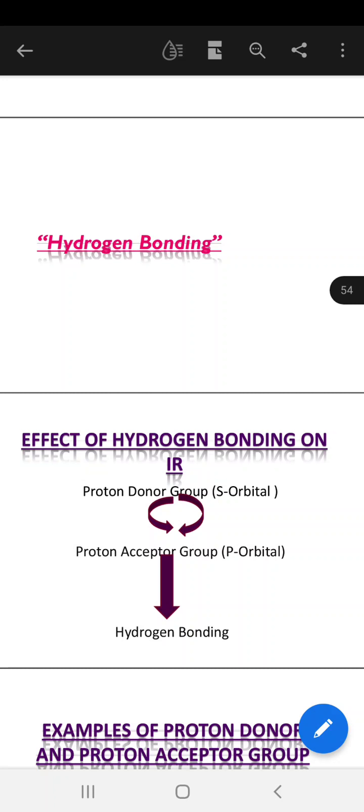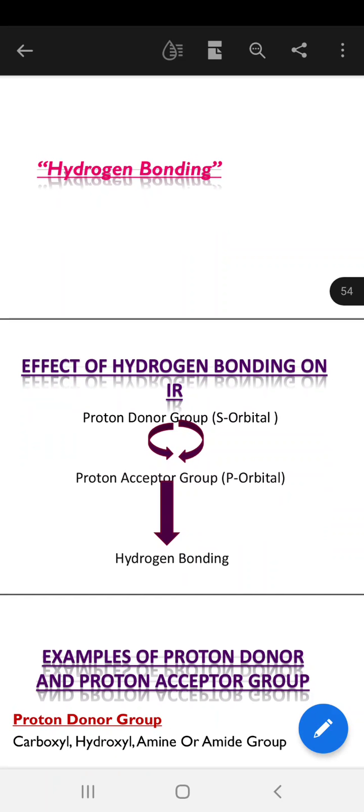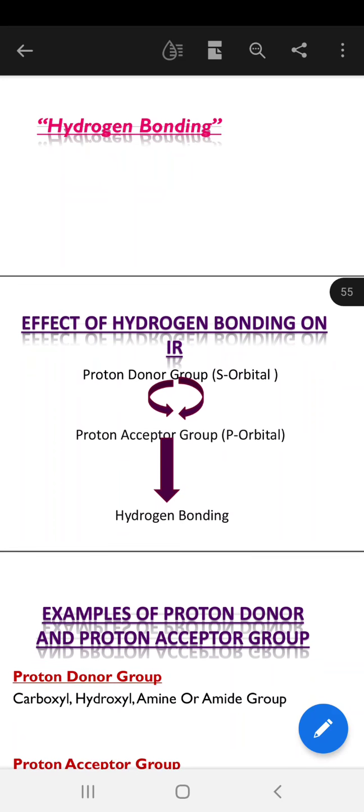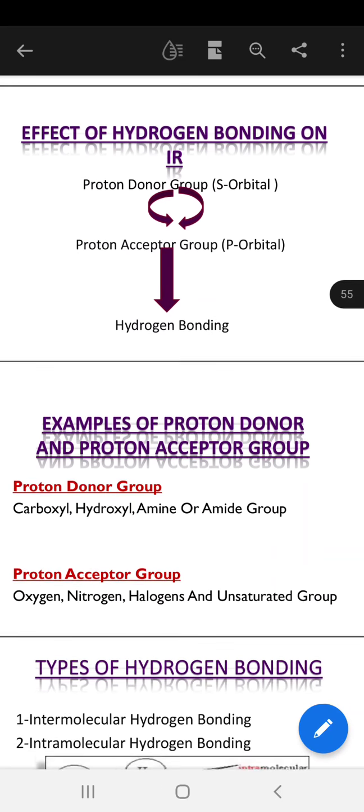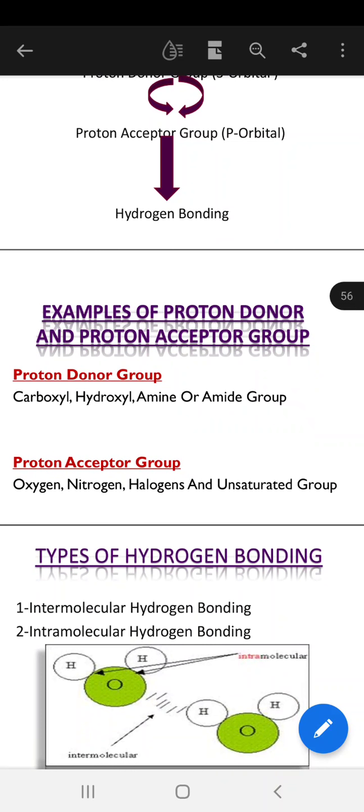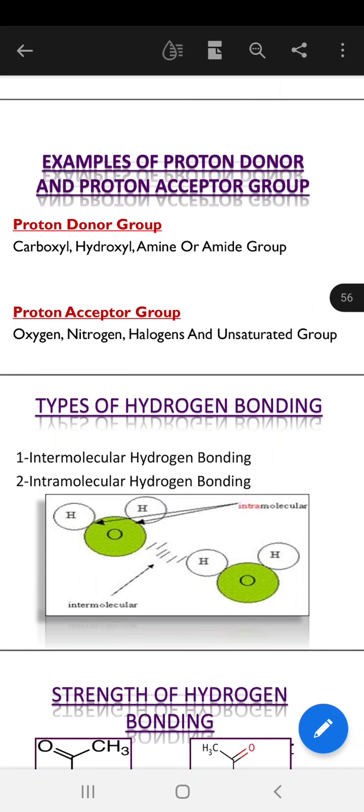Proton donor groups have an s orbital and proton acceptor groups have a p orbital, and both affect hydrogen bonding. Examples of proton donor groups are carboxyl, hydroxyl, amine or amide, which have the ability to donate protons. Oxygen, nitrogen, halogens and unsaturated groups are able to accept the protons.